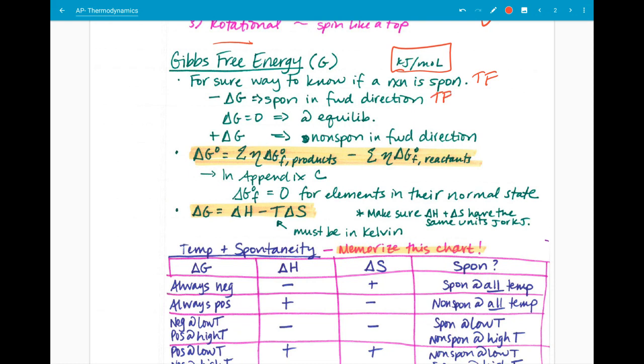If delta G is 0, we're at equilibrium. If delta G is positive, it's non-spontaneous in the forward direction, or thermodynamically unfavorable. We can find delta G using our appendix data, just like we did for delta H and delta S, but that is not as likely. Delta G is 0, just like delta H is 0, for elements in their normal state.